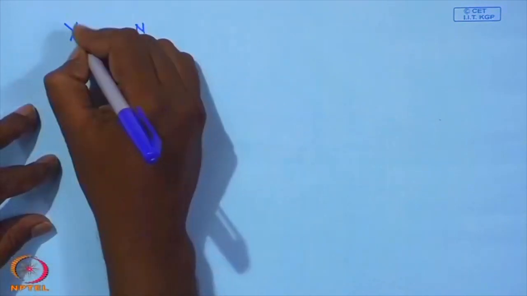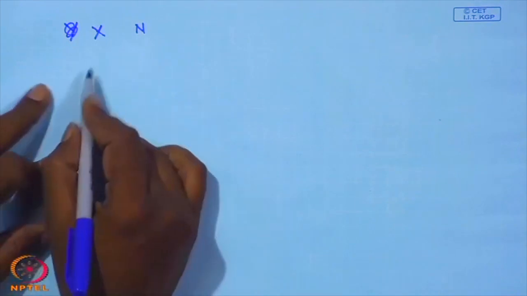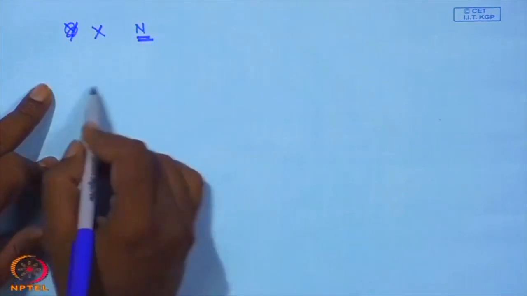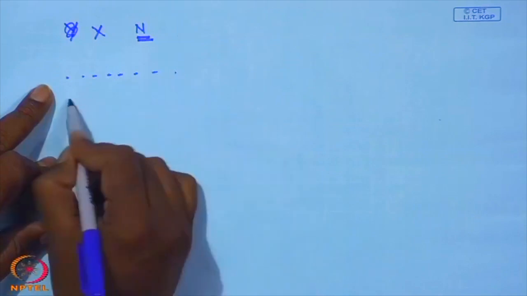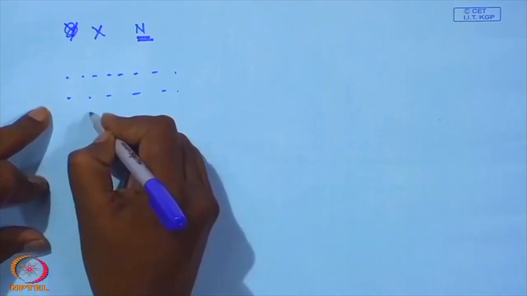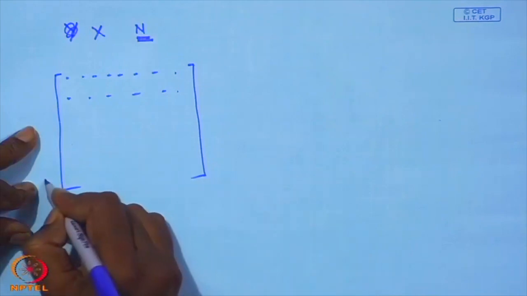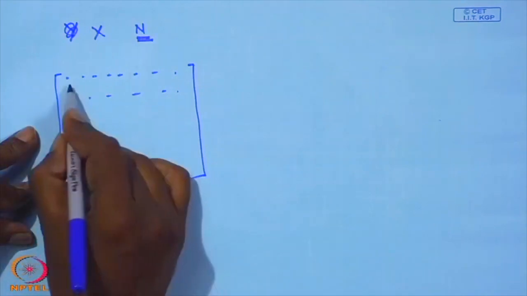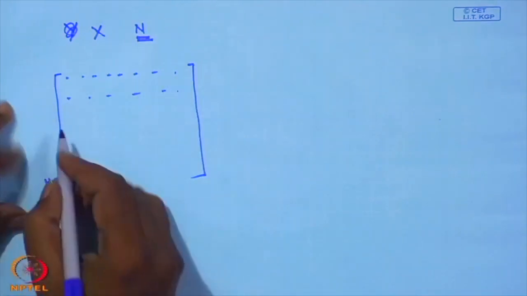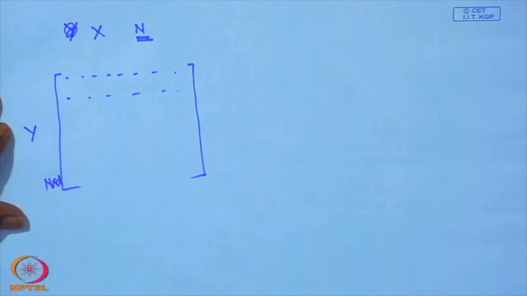Okay. So, let me say this feature vector is x. Every feature vector when I put in the form of a row, I have a matrix of n by d, if d is the dimensionality of the feature vectors, and we call this matrix y.